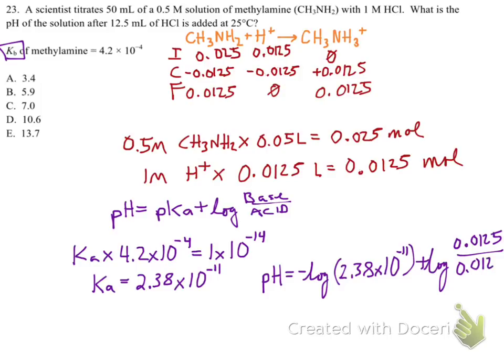No need to solve for molarity. And you might be noticing something pretty cool here. Any number divided by itself is 1, and the log of 1 is simply 0. So this part cancels out, and we get pH is equal to pKa. So when we take this negative log, we'll end up getting that the pH is equal to 10.62.